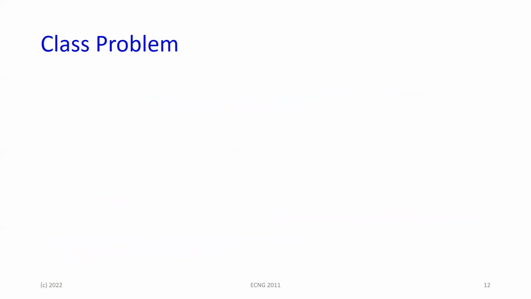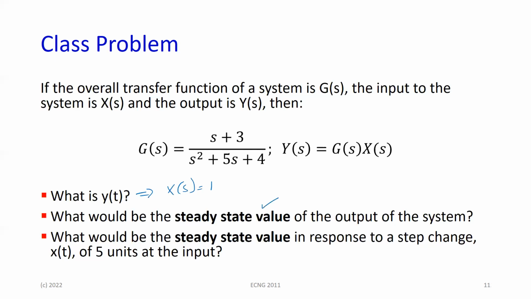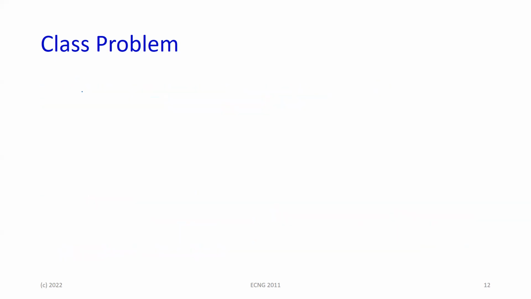All right, so we had G(s) equal to (s plus 3) over (s squared plus 5s plus 4). Y(s) equals G(s)X(s), right?